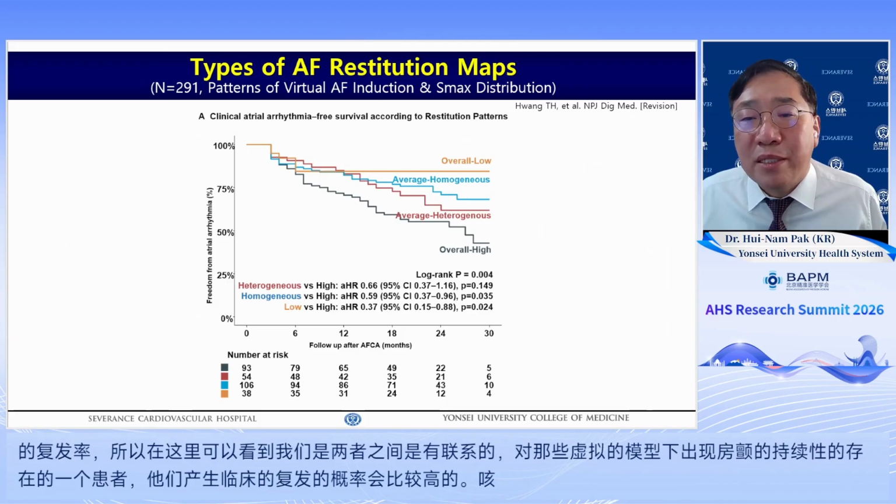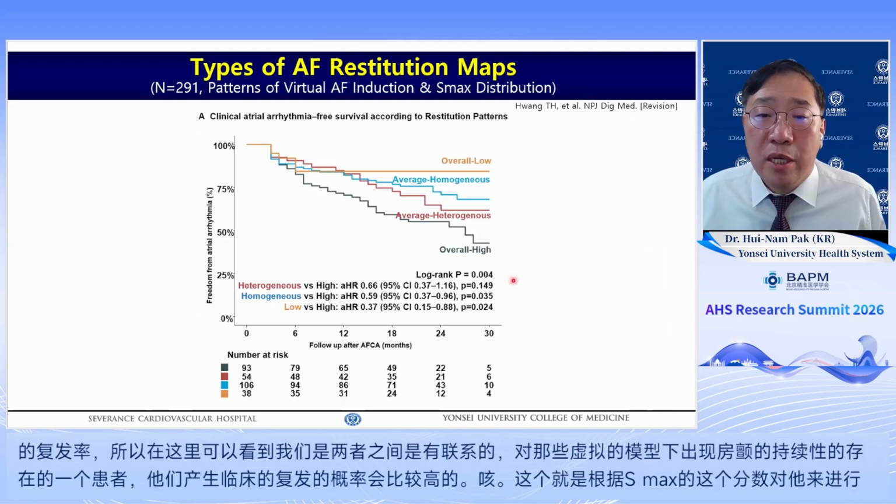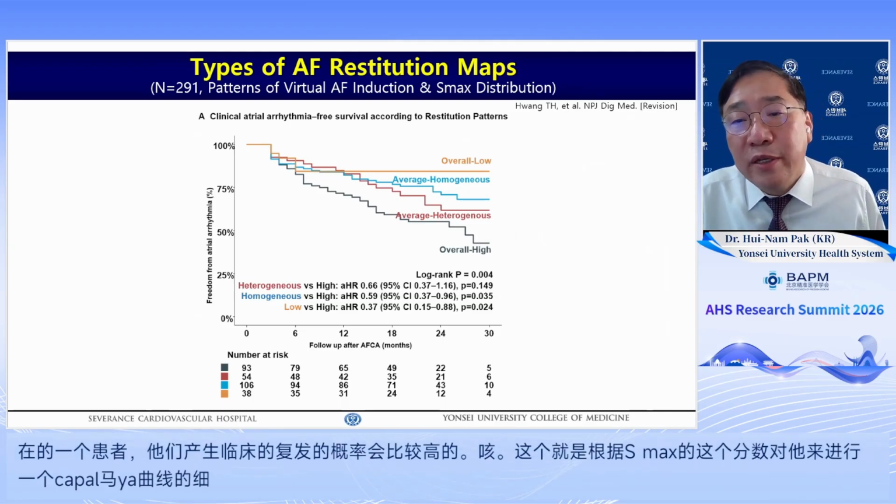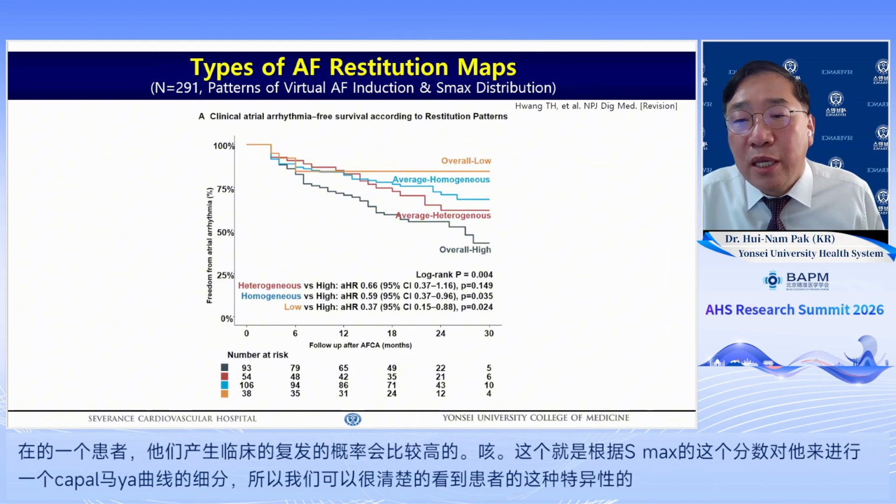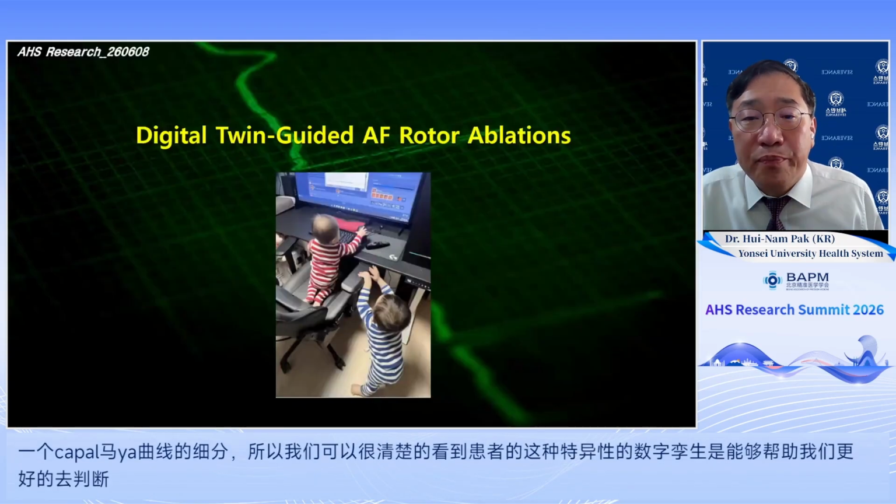Virtually measured Smax and its distribution had a consistent influence on clinical recurrence after AF ablation. Therefore, patient-specific digital twin-derived high-density virtual restitution patterns and virtual AF sustainability were closely associated with clinical atrial arrhythmia recurrence after catheter ablation in this study.